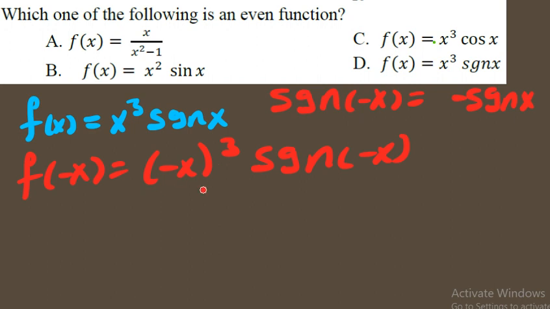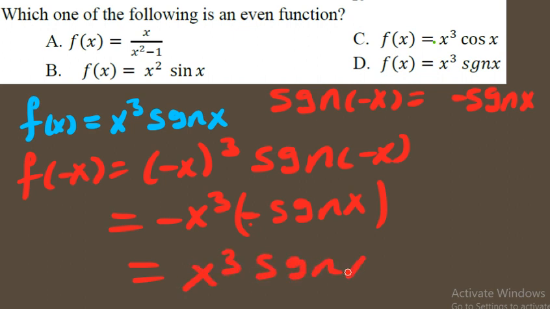So negative x cube times negative of signum of x. This means not minus, it's times. When you multiply negative times negative it will be positive. So x cube signum of x. So it will give you the same as the original. So f of negative x becomes the same as the original one. So we can say it is an even function. So the answer will be D.